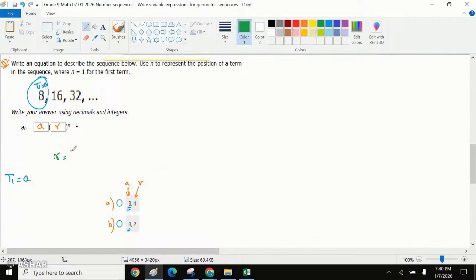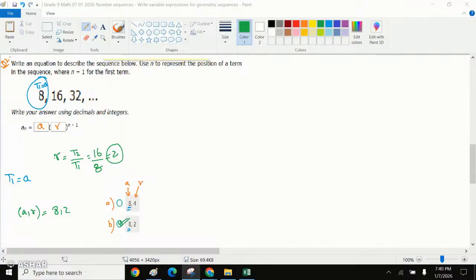Ratio is basically term 2 divided by term 1, or any two consecutive terms. 16 divided by 8 would be 2. So A comma R should be equal to, yes, thank you. It should be option B, right? It should be 8 comma 2.